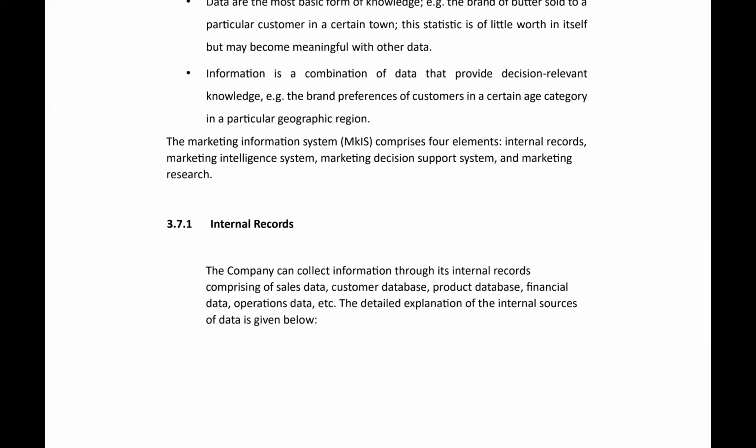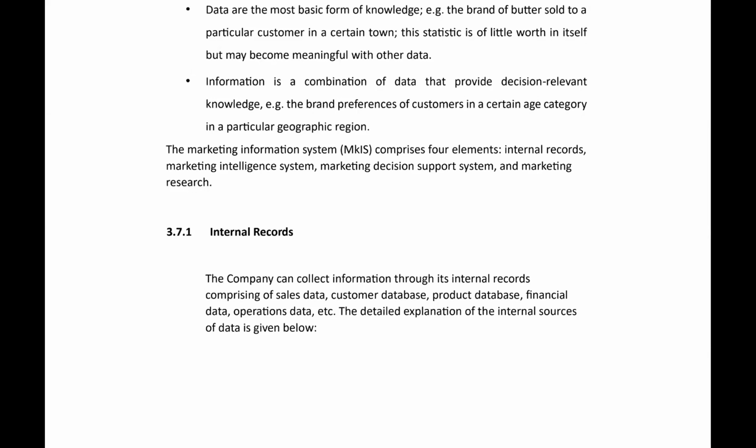So under this one, you find that the company can collect information through its internal records, comprising the sales data, how much have we sold, the customer database, the product database, the financial data or operations data. The detailed explanation of the internal sources of data is given below.